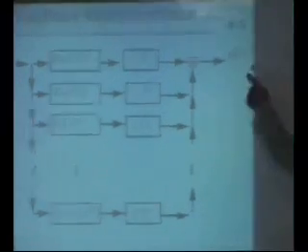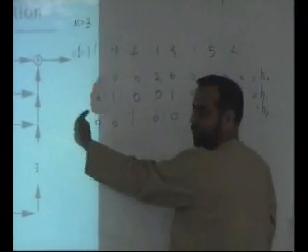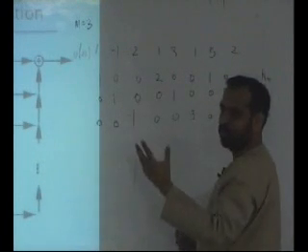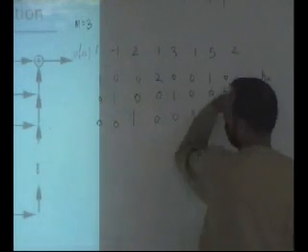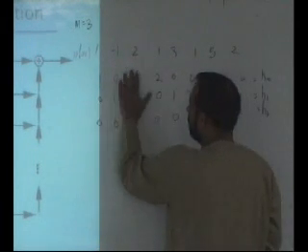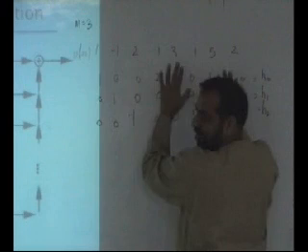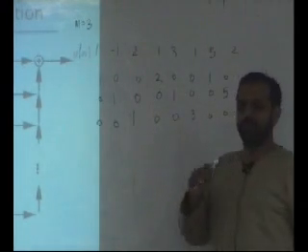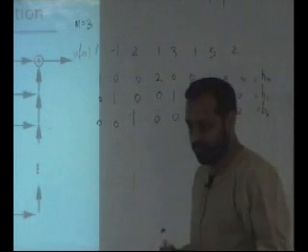Make this an input stream, pass it through this filter, compute the output, and then throw away samples. Now instead of doing that, you remove these zeros, get the input, throw away samples, and pass it through this filter. Both will be the same. You'll get the same answer.